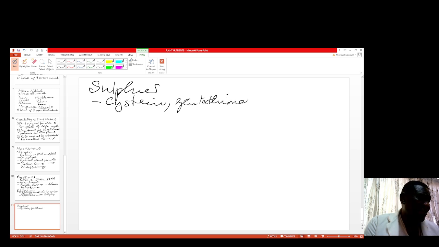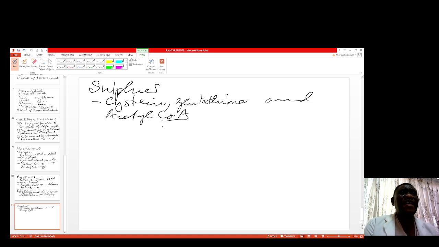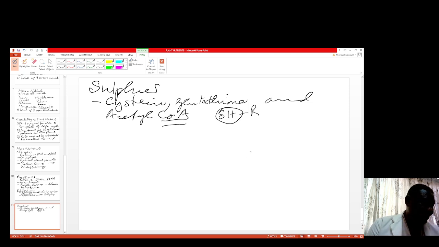It contains sulfur, and we have a very critical enzyme known as coenzyme A, acetyl coenzyme A, but it is this CoA which has the SH group, which contains sulfur, and also the glutathione. Yes, the same thing.